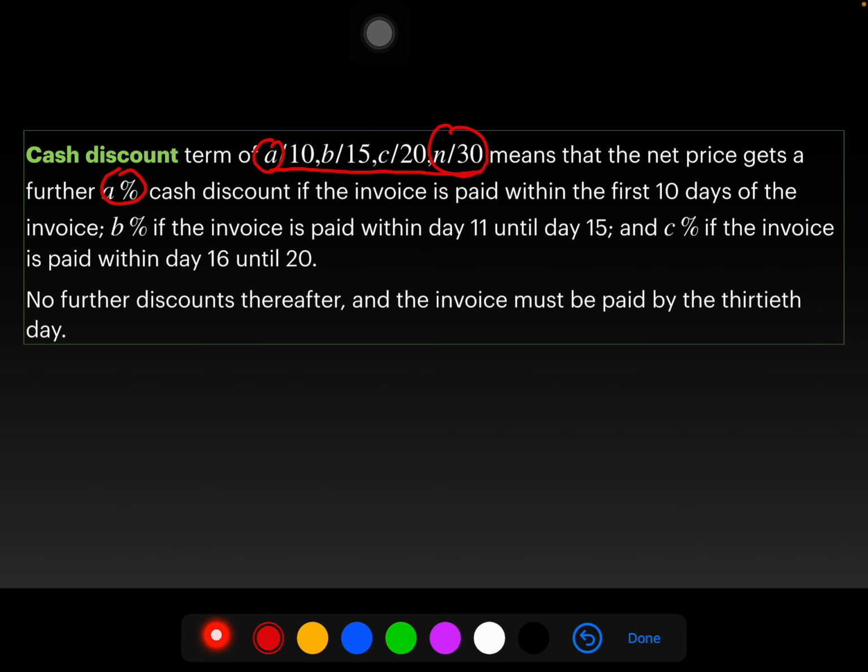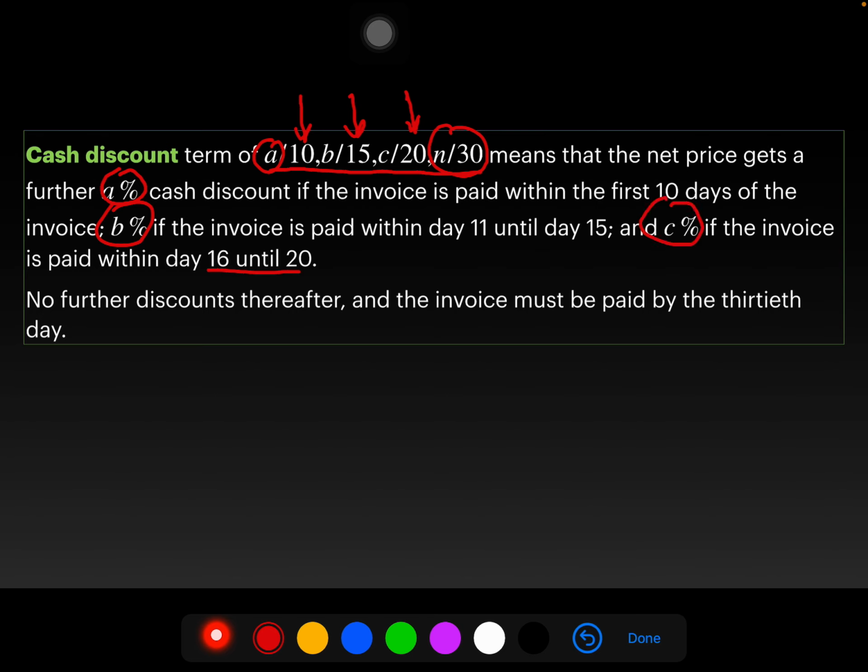So if the term is like this, it means that if you pay during the first 10 days, you are going to be offered A% discount. If we are paying between day 11 and day 15, we are going to be offered B% discount. If you are paying within day 16 until 20, you're going to be offered C% discount.